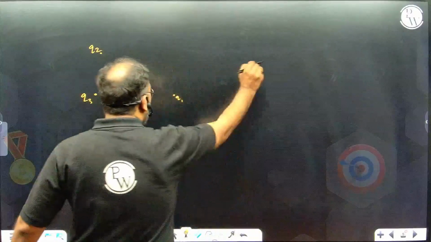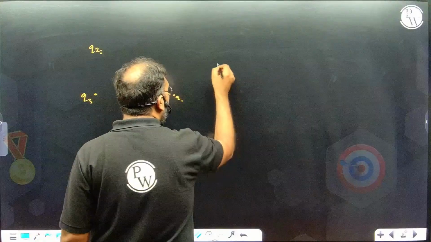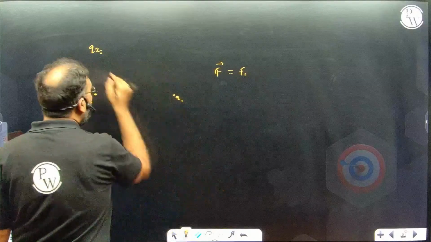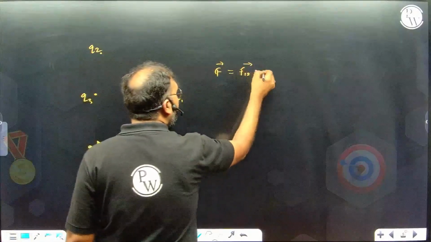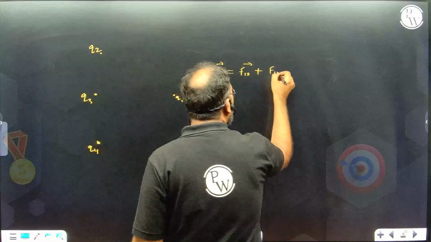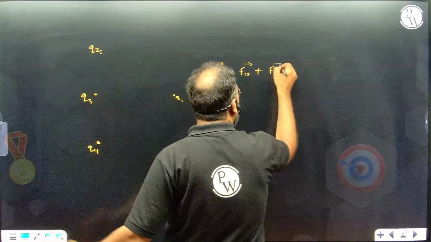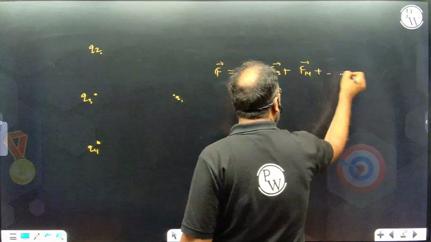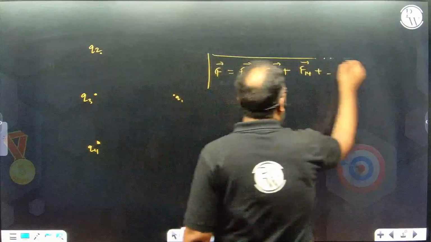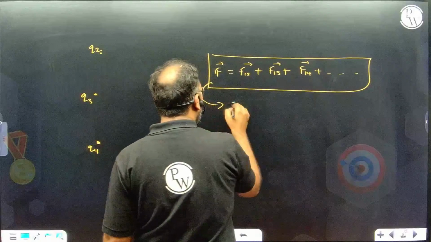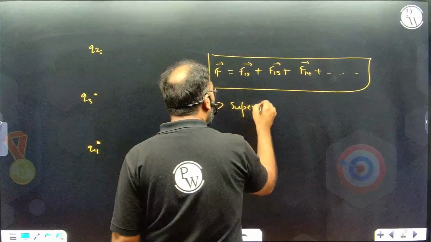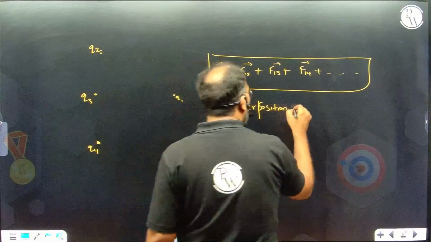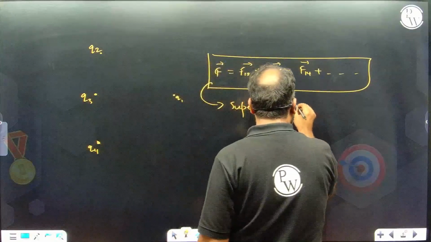So when I write the net force acting on the particle, I will write the force on the first particle because of the second particle, F12 vector, plus the force on the first particle because of the third particle, then the force on the first particle because of the fourth particle, and so on and so forth. This is the superposition theorem. It's a very interesting thing, and it helps us calculate the force in different conditions.